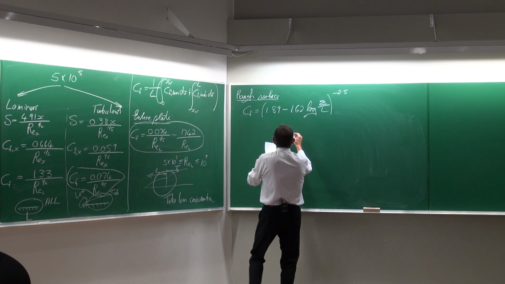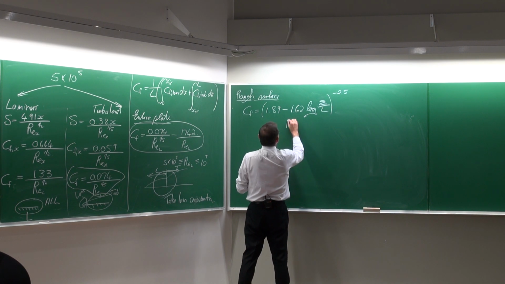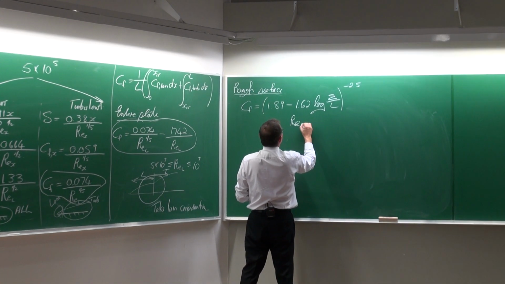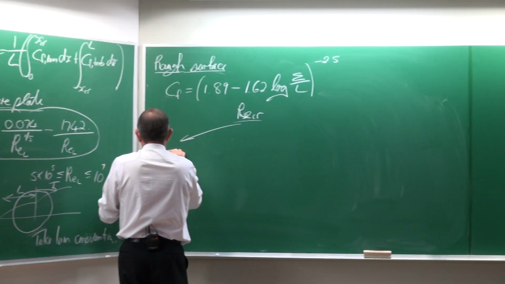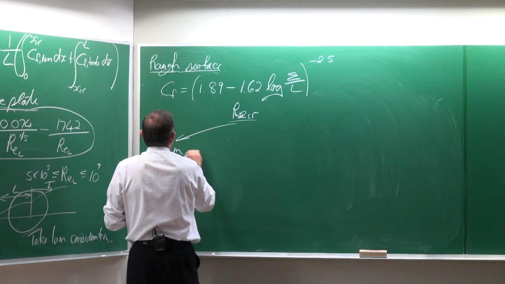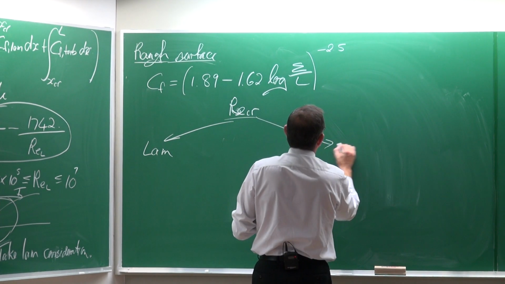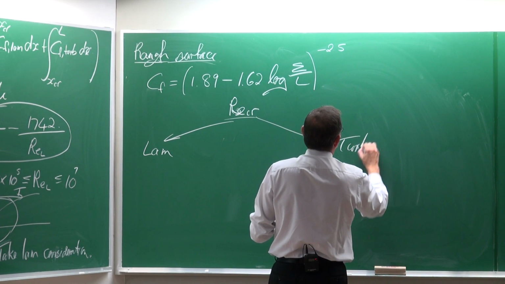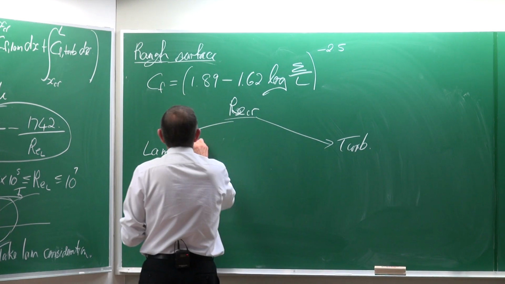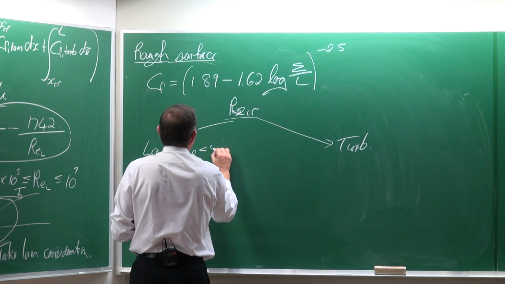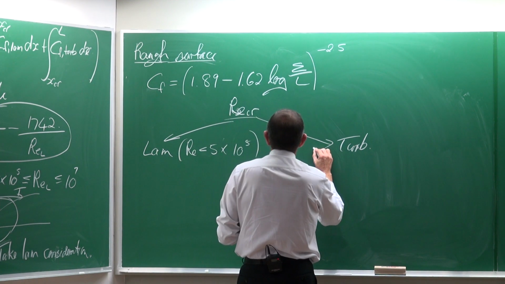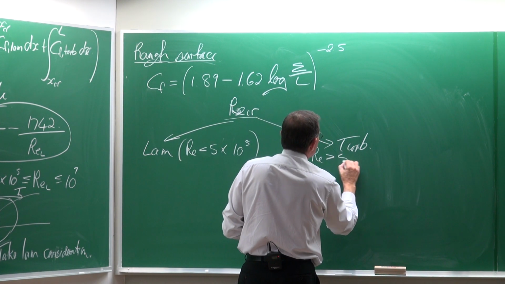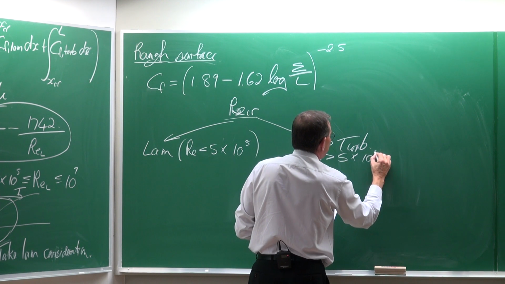A similar summary we can do for the heat transfer part. Reynolds critical: for laminar, when the Reynolds number is smaller than 500,000, and for turbulent, when it is larger than 500,000.